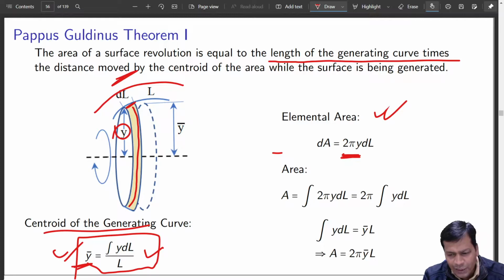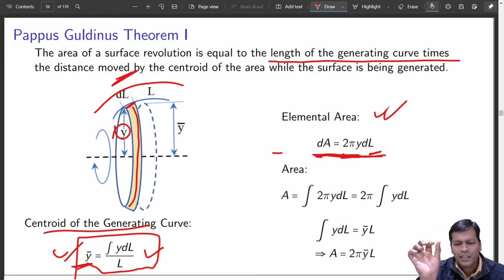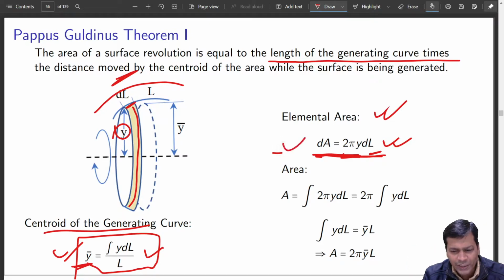So I directly multiplied by dl to get the area of that small strip that goes around. So this small area dA is equal to 2 pi y, that is the circumference, times its width dl. Hope this is quite clear. The elemental strip area is quite okay.